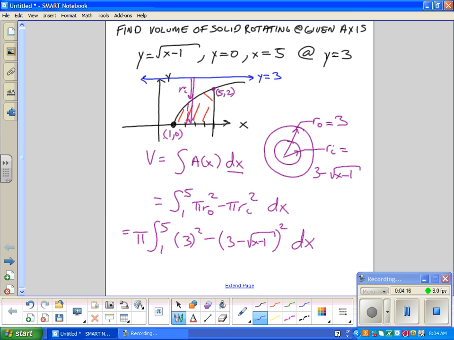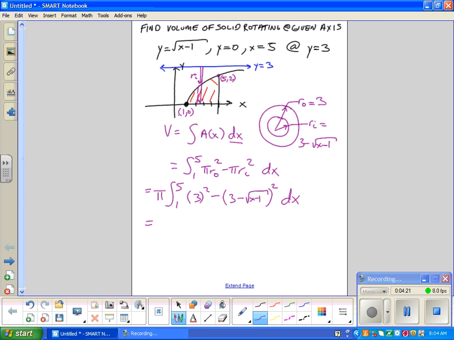Yeah, you get 9, but I'm talking about the middle term of the binomial. Oh yeah, that's bad. You agree it's this? I mean, if I square this out, 9 minus 9 goes away. I get 6 times the square root of x minus 1. Well, I suppose, I guess it is doable, actually, isn't it?